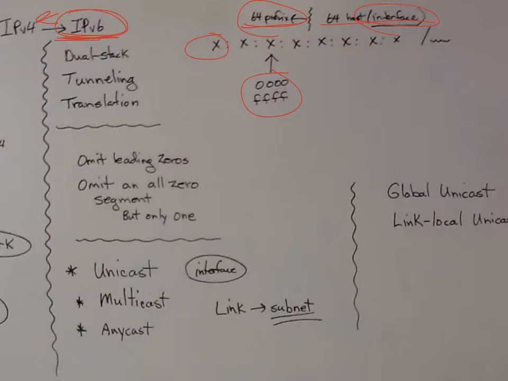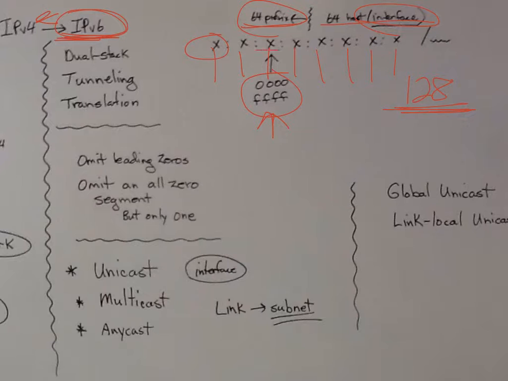We got 128 bits total. And then we have 1, 2, 3, 4, 5, 6, 7, 8. We write them in 8 groups so they're easier to see. Right? And so, right in here, we have F, F, F, F as an example.